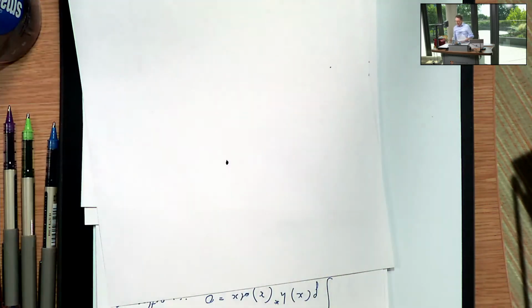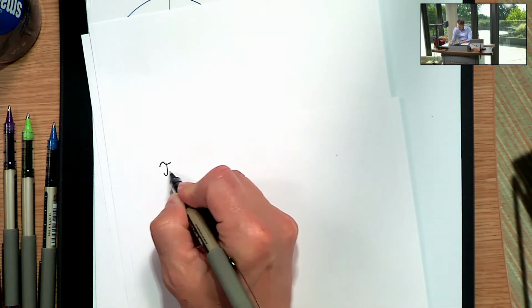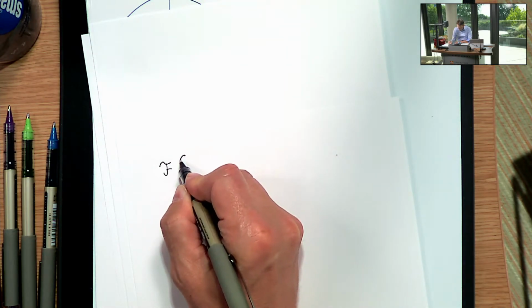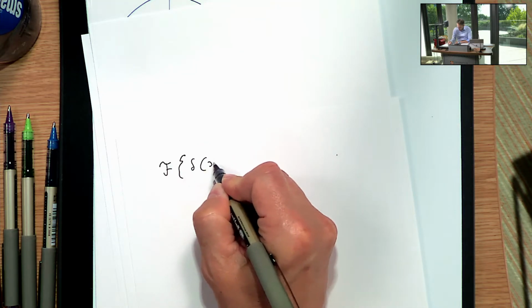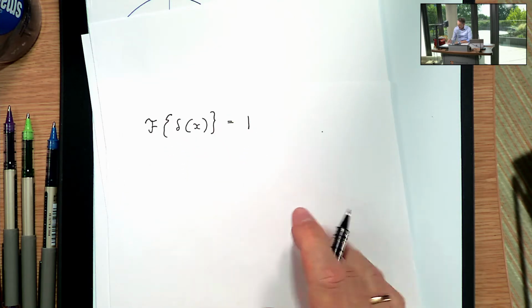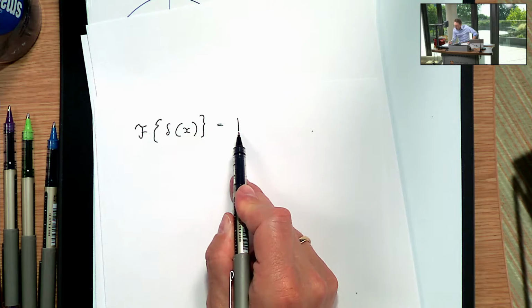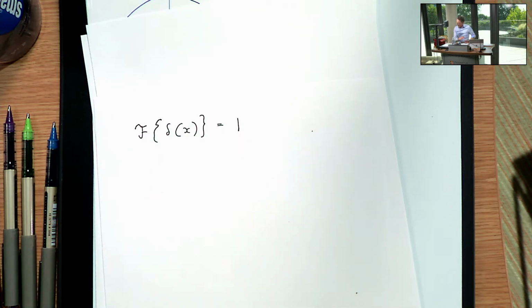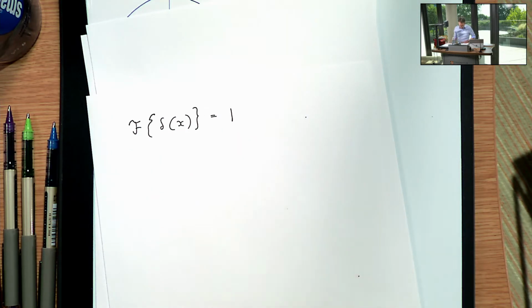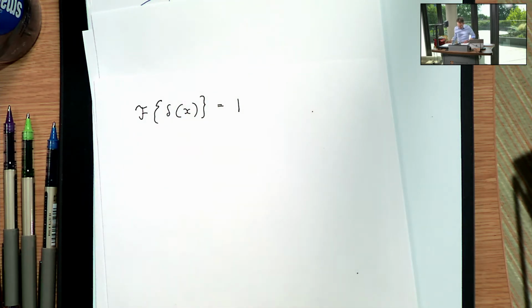So in other words, just to make sure, the spectrum of the delta function, the Fourier transform of the delta function, is just 1. So it means that the amplitude of all frequency components is 1 for any frequency. And in other words, you need an infinite number of frequencies to synthesize the delta function.